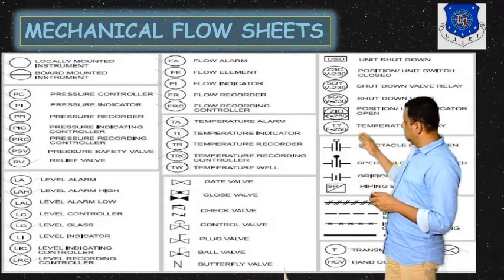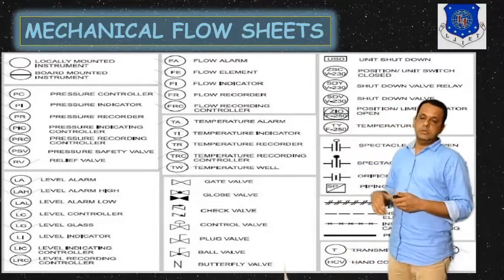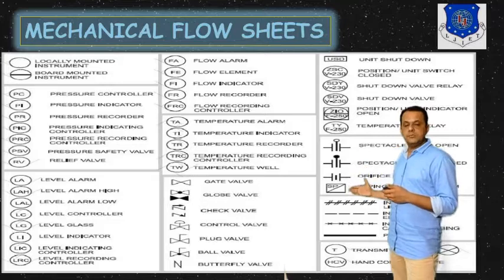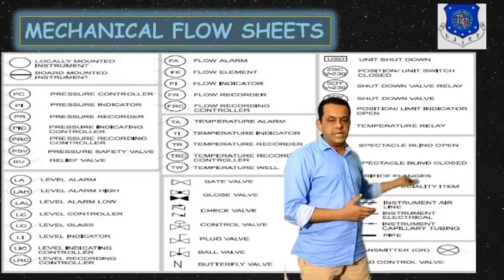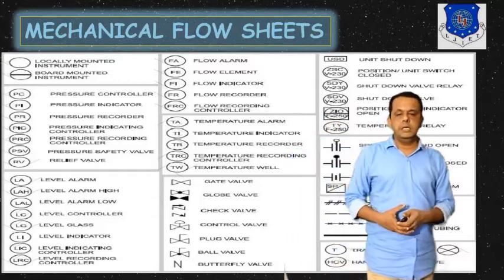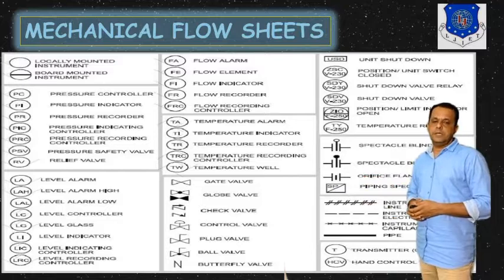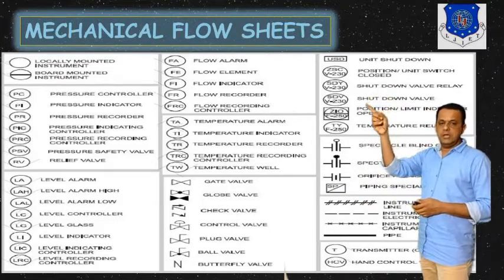Some notations that you can see here: abbreviations and the symbols for the different types of valves. Then here you see different types of transmitters, and here you see specifications for the different equipment. Then here you see the shutdown valve relay or shutdown valve.